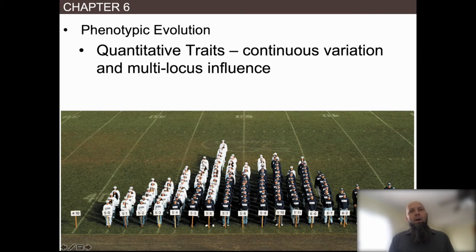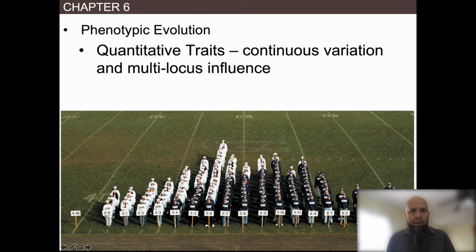So first I want to introduce a term to you, and that is quantitative traits. So a trait that has quantifiable variation. But here we can see an instance of a quantitative trait, that being height in humans, that exhibits continuous variation over a range of sizes, right?